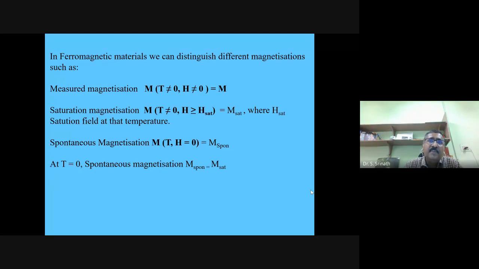So within the domain, there is a net magnetization, and this magnetization is present in the absence of a field. I don't need to apply any field. Where is it coming from? It is coming from the interaction between the spins. The spins make each other polarize along each other, so that they have a net magnetization.